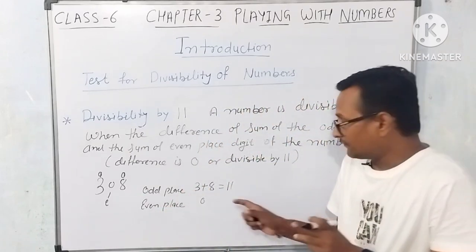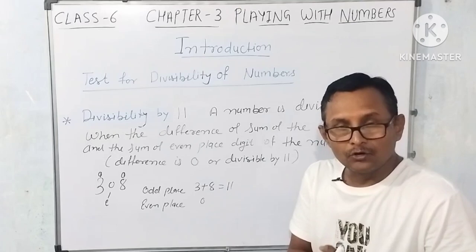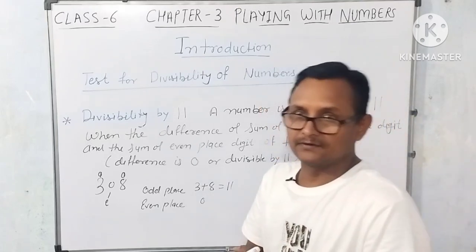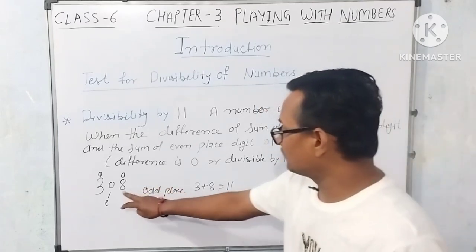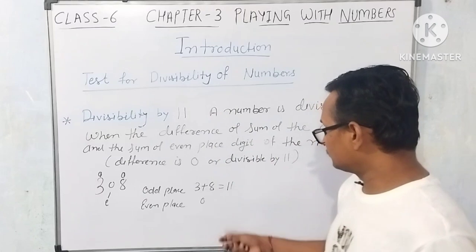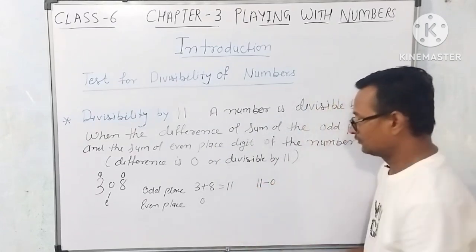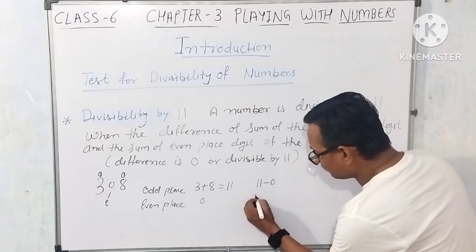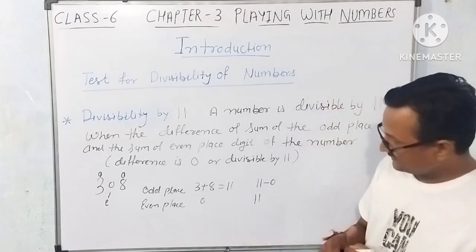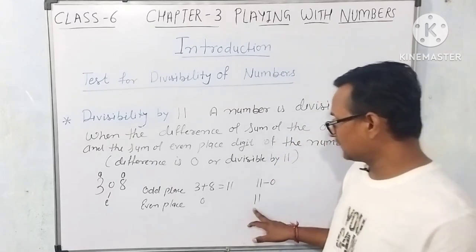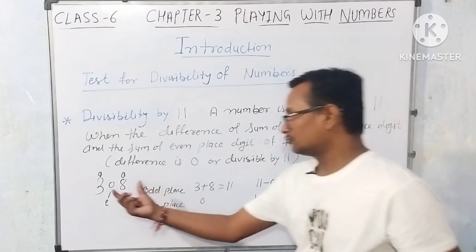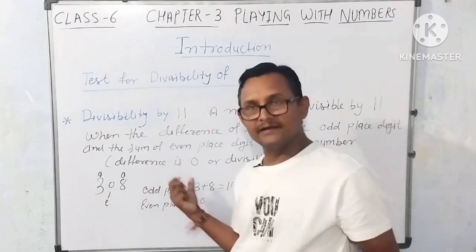Now if the difference between them is 0 or divisible by 11, then we can say this number is divisible by 11. So let's check. The difference is 11 minus 0, equal to 11. So we can say this number is divisible by 11. So 308 is divisible by 11.